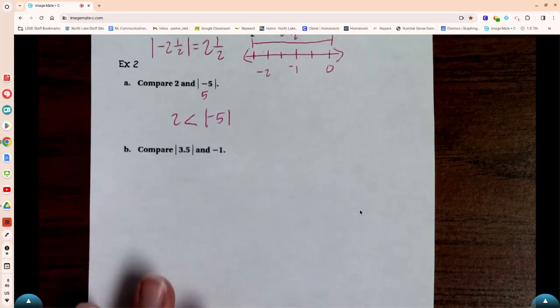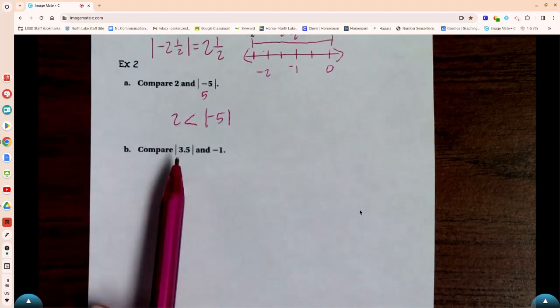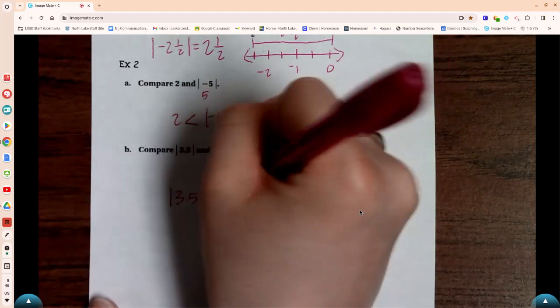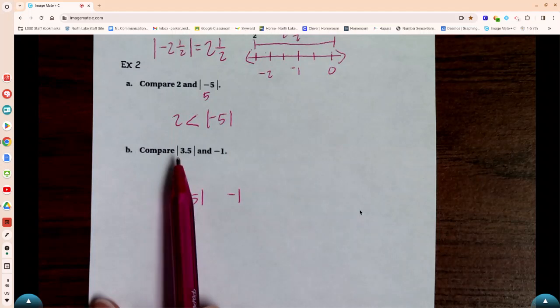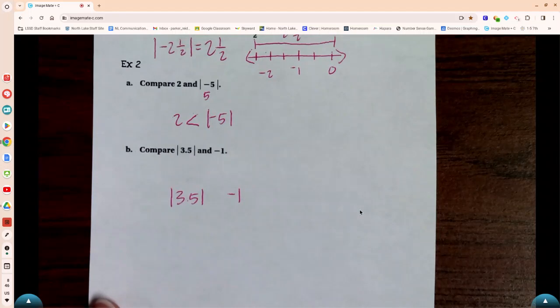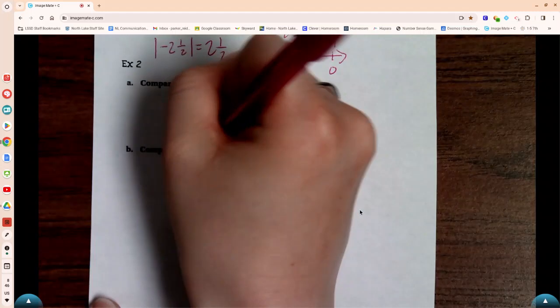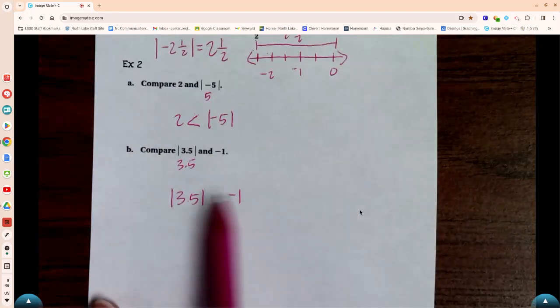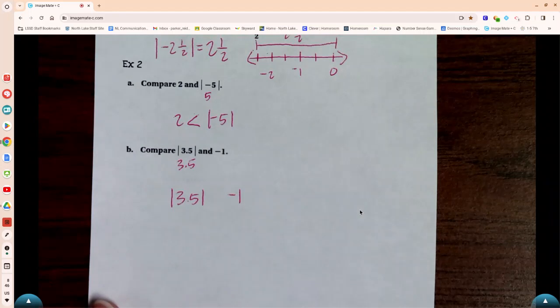And then the next one here, it says compare the absolute value of 3.5 and -1. So again, I'm comparing those two things. Who can raise their hand and tell us what the absolute value of 3.5 is? Aubrey? So then who can raise their hand and tell us which one is greater out of these? Mia? 3.5.